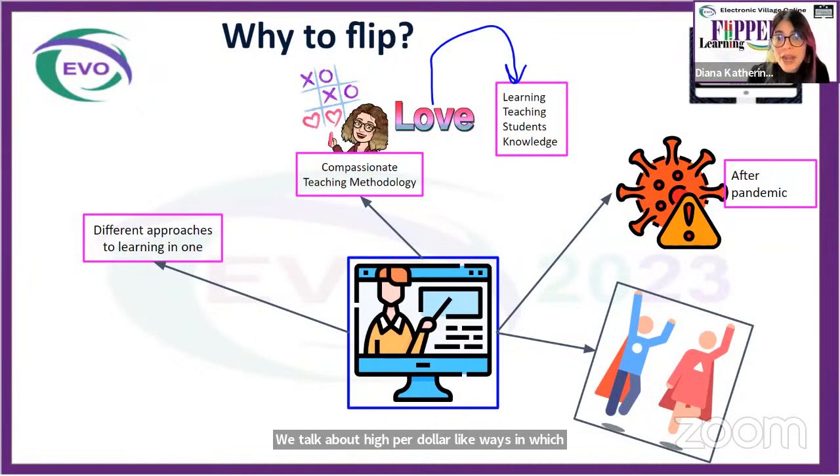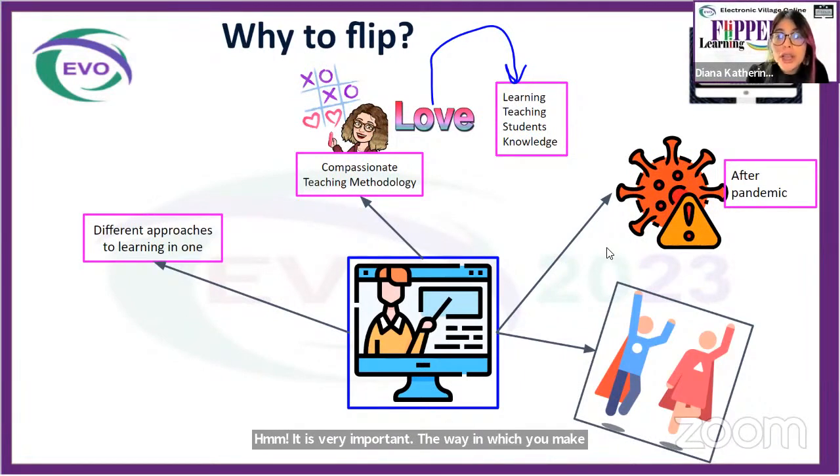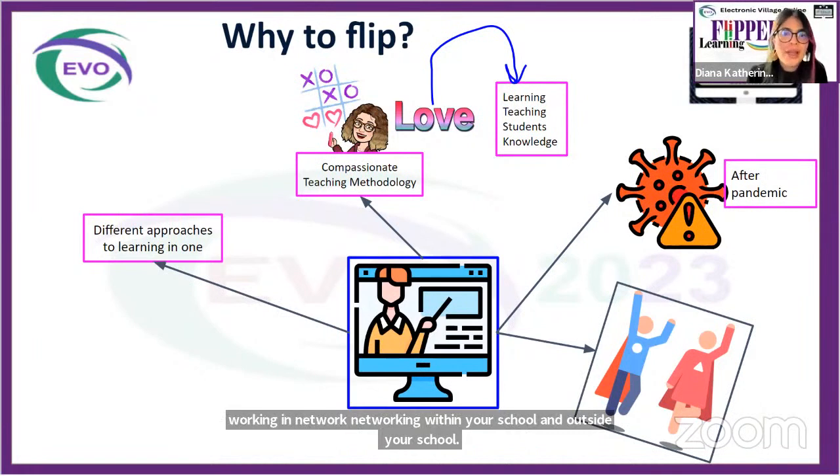And this is very related to all of the sessions that we have previously seen. It is very important the way in which you make students access the content of your learning. And of course, professional educator, because you're always networking within your school and outside your school. This is professional education for us.